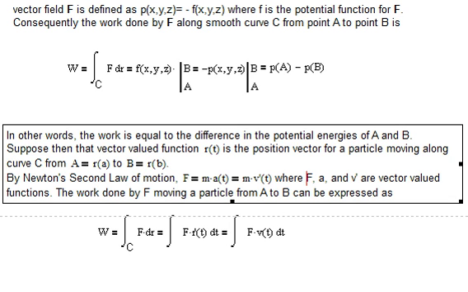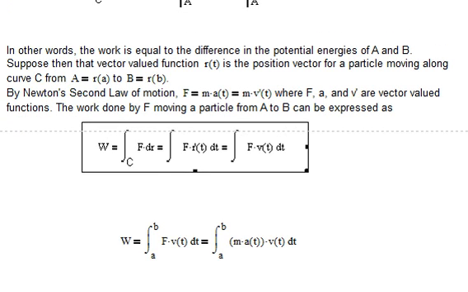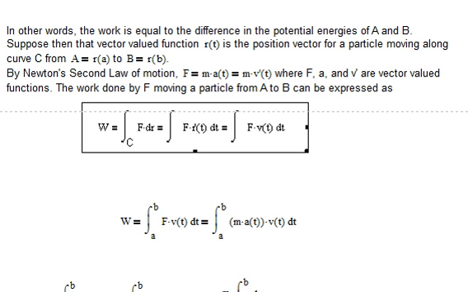The work done by the vector field moving a particle from point A to B can be expressed as the integral of F dot r prime dt, or the integral of F dot velocity vector times dt. And so another way to do that, of course, since we got force times velocity vector, is integrating m times a of t, dot I should say, times the velocity vector dt.